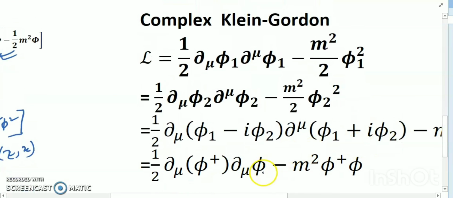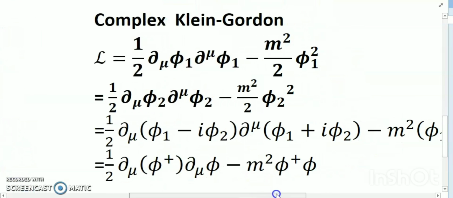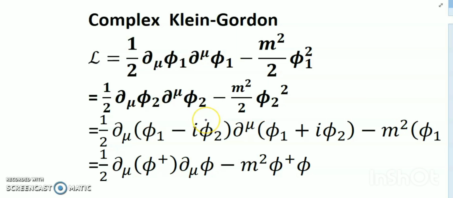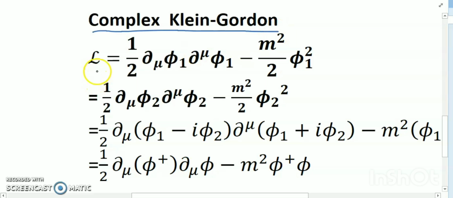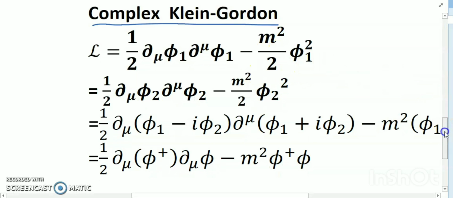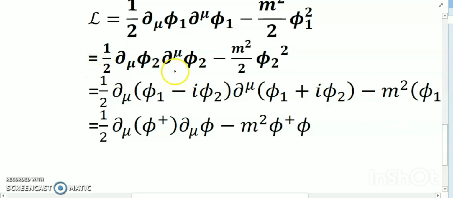For the complex Klein-Gordon field, we can write L as half del mu phi 1 del mu phi 1 minus m square divided by 2 phi 1 square, plus half del mu phi 2 del mu phi 2 minus m square divided by 2 phi 2 square, and then only the simplifications.